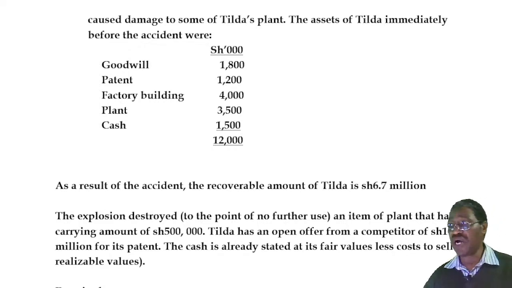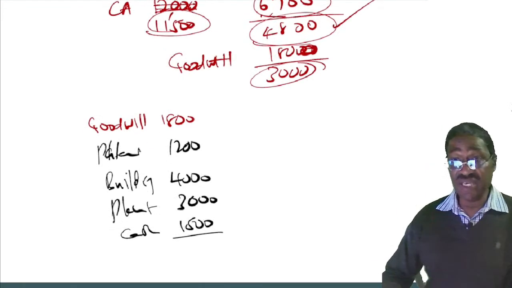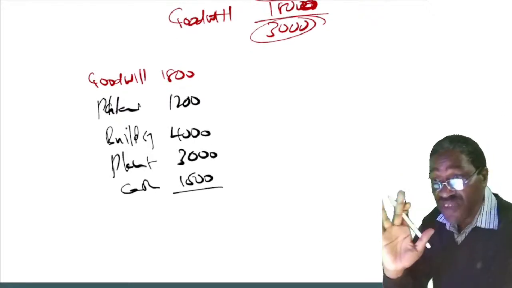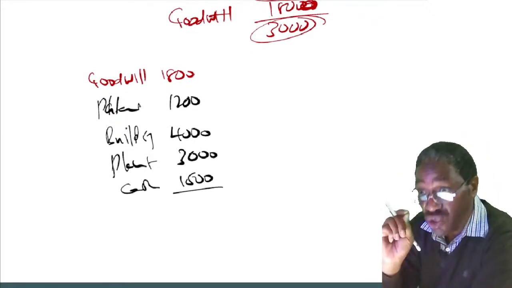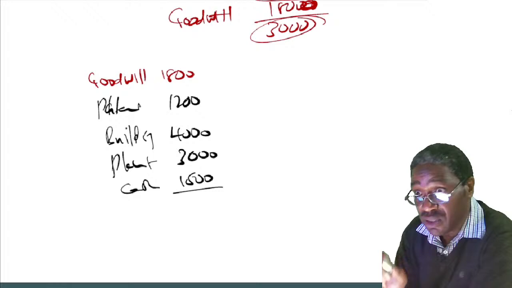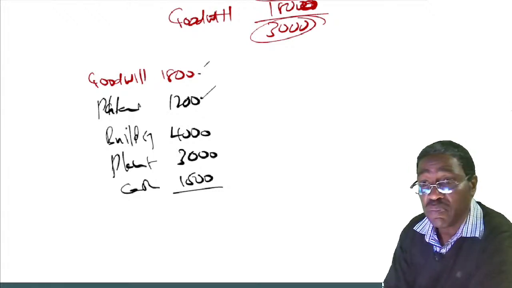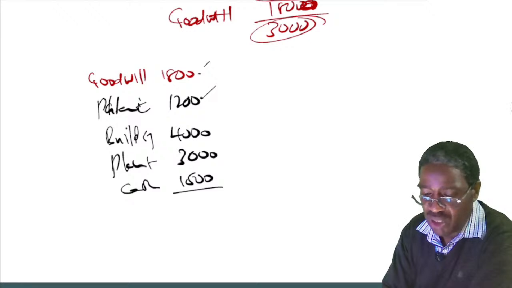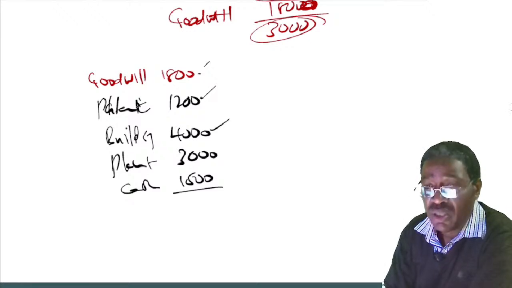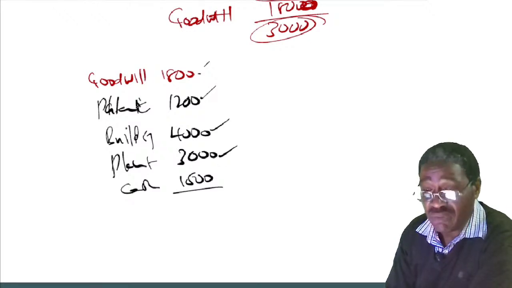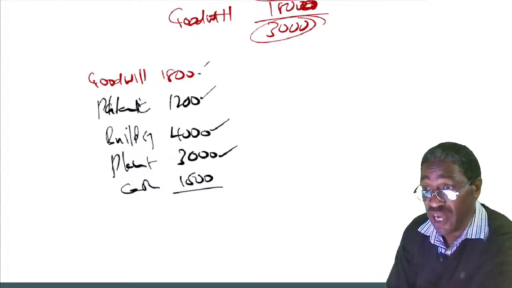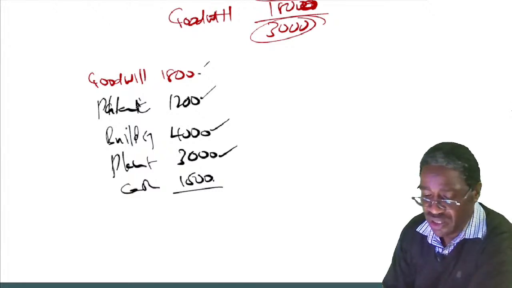To give me now, listen, I have said, after writing off the goodwill, after writing off the 500 plant, I remain with goodwill of 1.8, patent 1.2, building 4 million, plant, remember, was originally 3.5, but one asset has been destroyed, then cash.